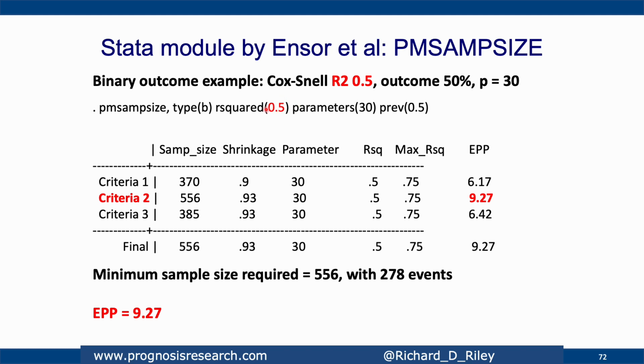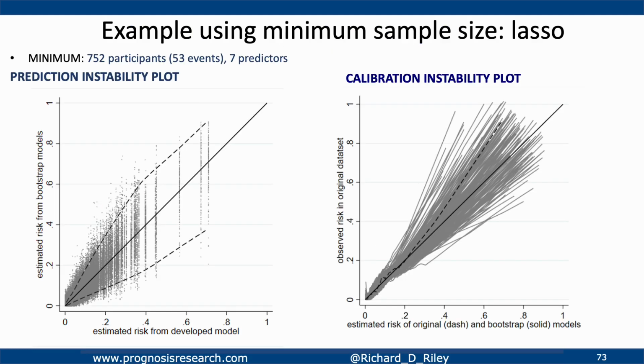If the model performance is expected to be larger because previous models of this type had a larger R squared, then the sample size would come down, because clearly the more variation you explain, the less noise there is and the more stable the model would be. So that's just a pointer towards the pmsampsize option.